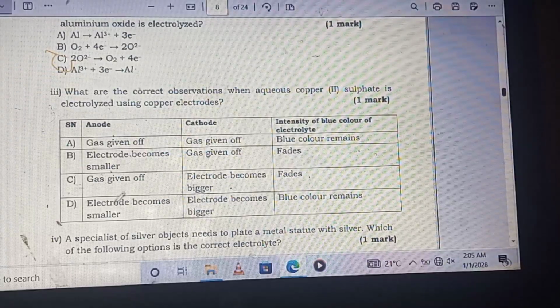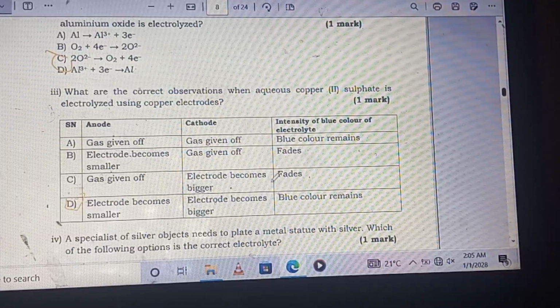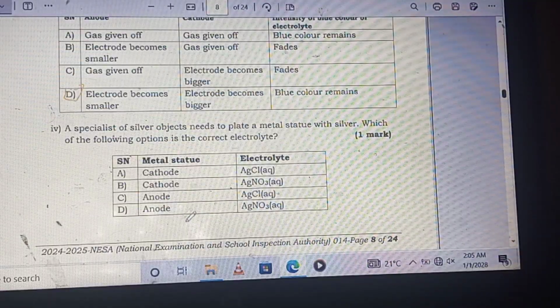The correct answer is letter D. On the anode, the electrode becomes smaller, and on the cathode, the electrode becomes bigger. The intensity of the blue color remains.